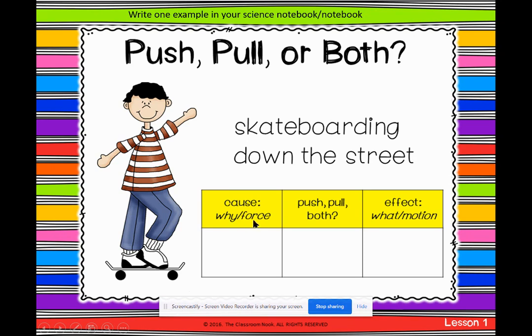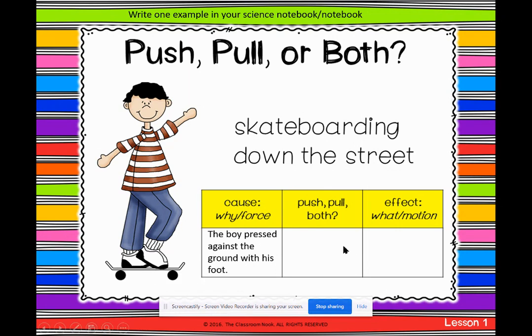Tell me what the action is. Well, the action is the boy pressed against the ground with his foot. Isn't that what it takes to get this skateboard moving? You have to press your foot against the ground.